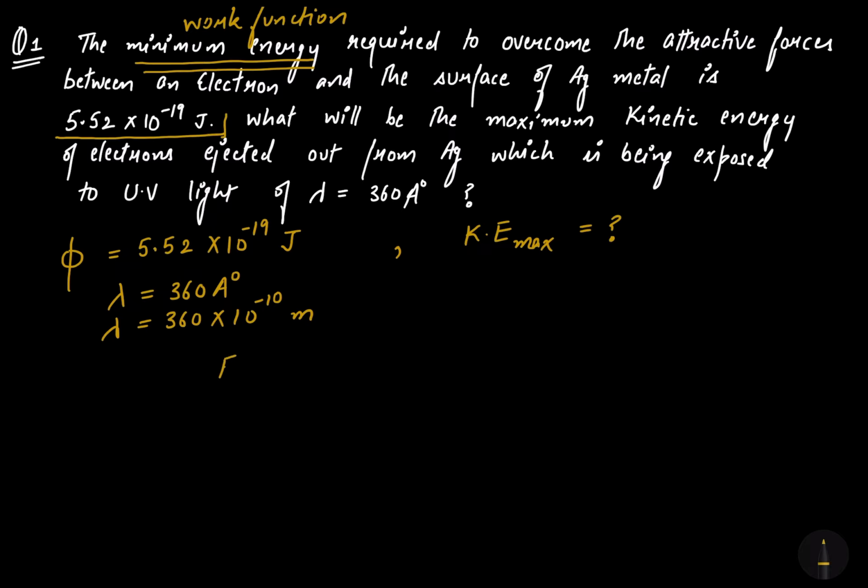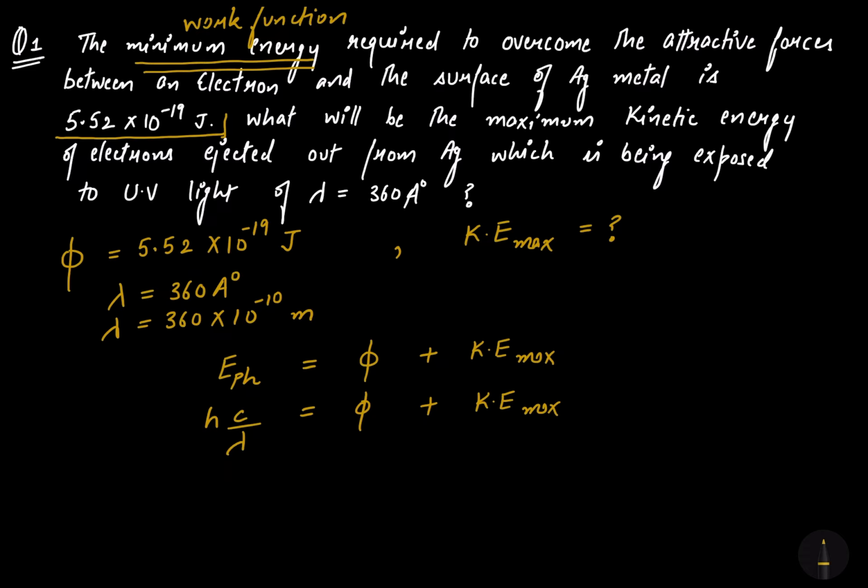The energy of a photon will be equal to phi plus kinetic energy maximum. Now energy of photon is h c by lambda, that will be equal to phi plus kinetic energy maximum.